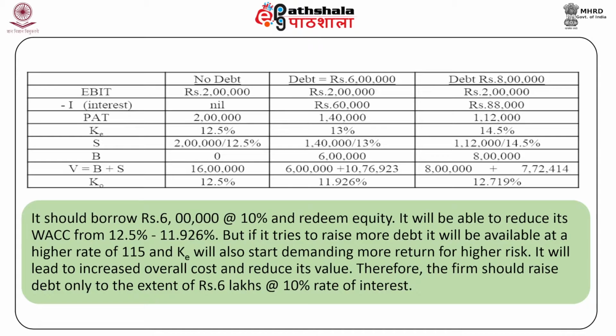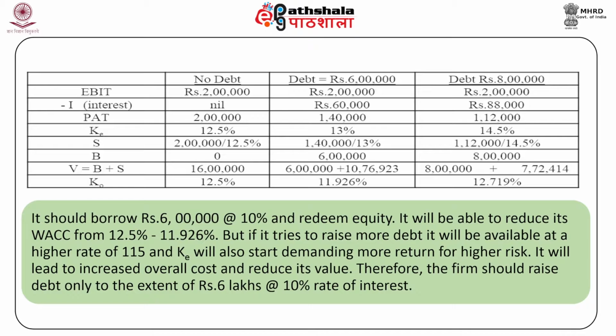In that case, the value of the equity shareholders is 1,40,000 divided by 13% and value of debt is 6 lakhs. So the two combined together give you a total of 16,70,923 and the overall cost of capital is 11.926%.